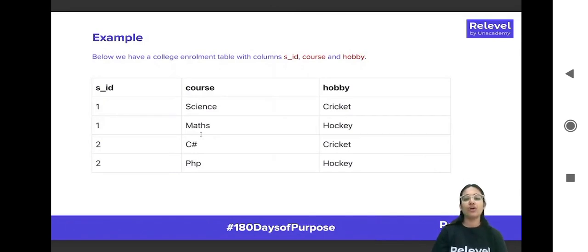Let's say here we have a college enrollment table with the columns student ID, course and hobby. Every student can be a part of multiple courses. Student 1 is a part of science, and also of maths. Corresponding to that, their hobbies include cricket as well as hockey.